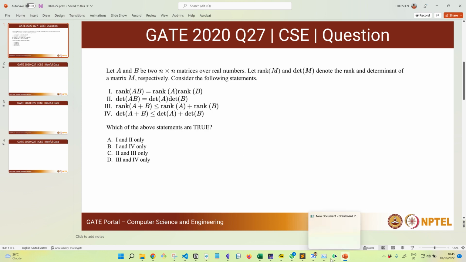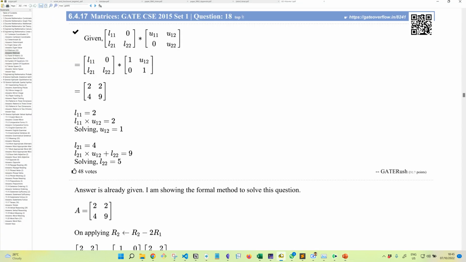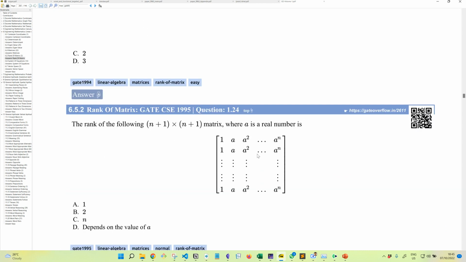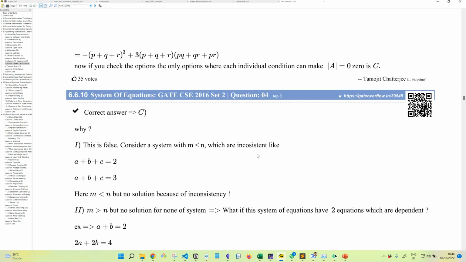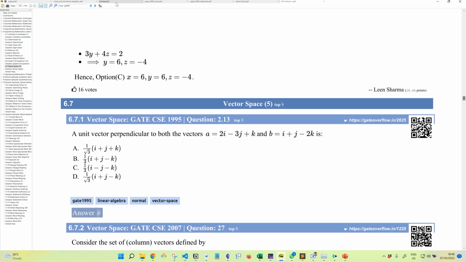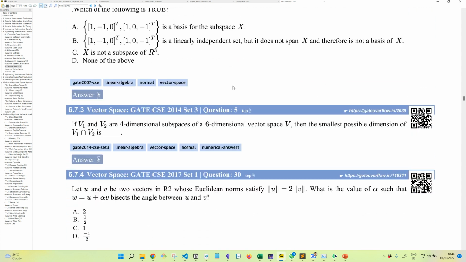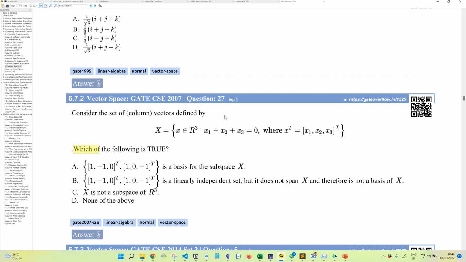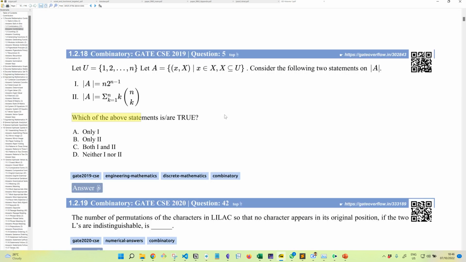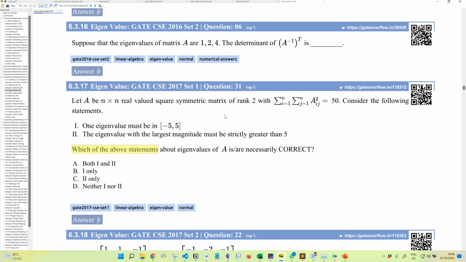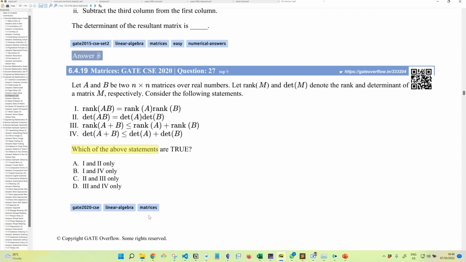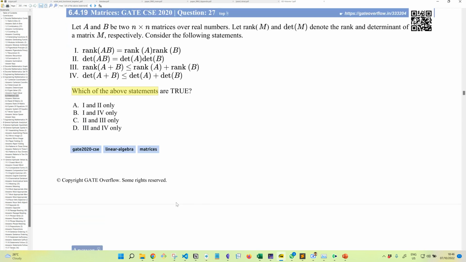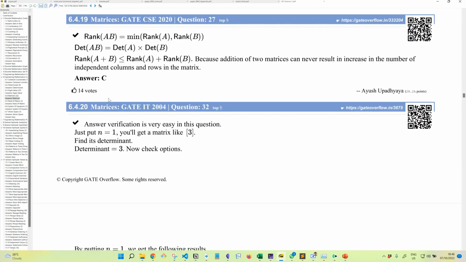Okay. Now, nonetheless, let me verify this solution. So, the answer is, right. Answer is C.